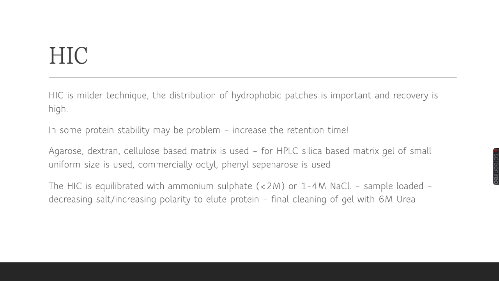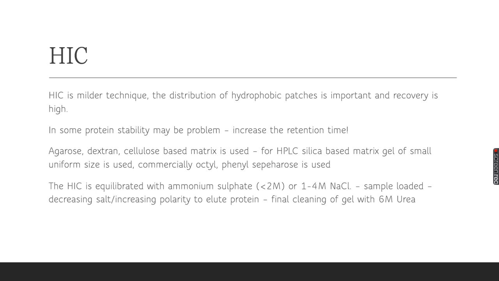which is followed by decreasing salt concentration, or increasing the polarity, to elute the protein. That will take the protein out of the system, because we already said that if we increase salt, only then is interaction happening. If we decrease the salt, then those proteins which were attached to the hydrophobic surface can be released.